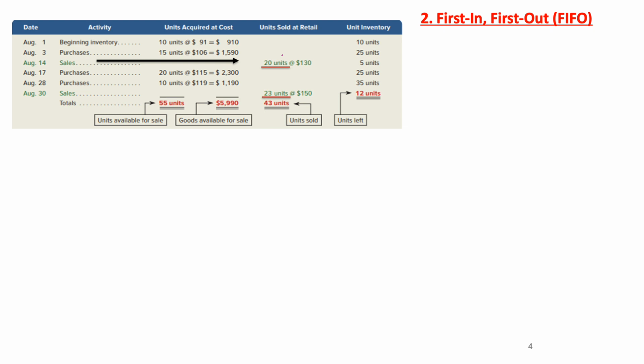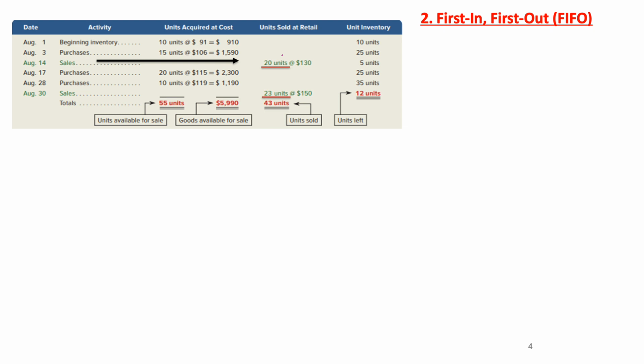They give me how many units were purchased and how much it cost us per unit, and the same with the sales: how much did they sell and what was the selling price? Now remember that whenever the company purchases, the inventory is going to increase, and whenever the company sells something, my inventory is going to decrease.